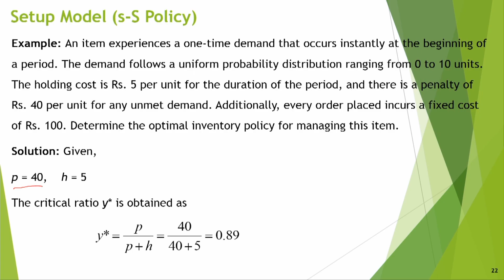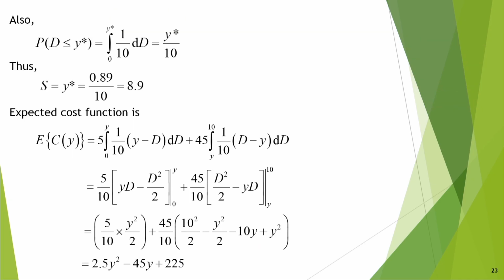So, simply p is equal to 40, the penalty for unmet demand, and h, the holding cost, is equal to 5. So, the critical ratio is obtained as p divided by p plus h, that means 40 divided by 40 plus 5, which is equal to 0.89. Then we say P(D less than or equal to y) is y by 10, because of the uniform distribution.